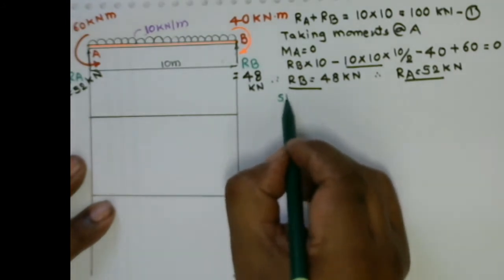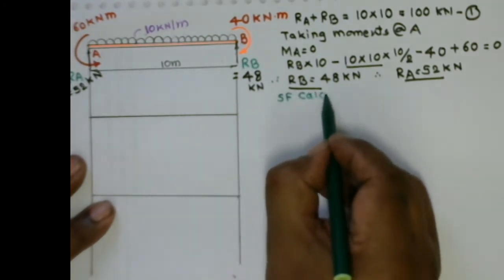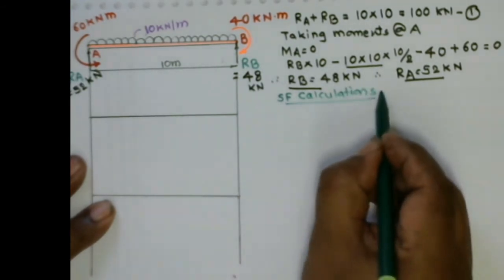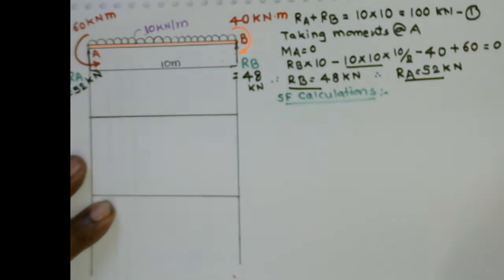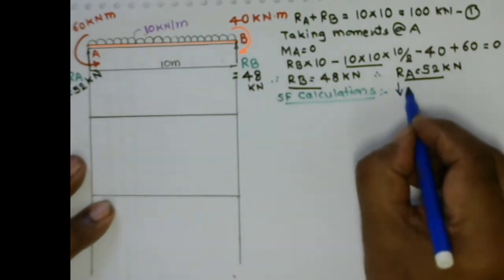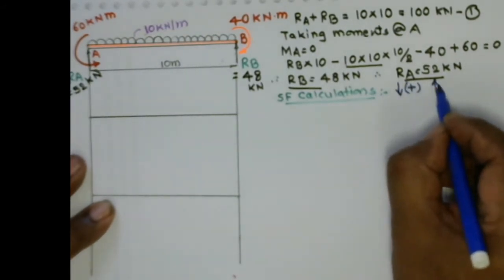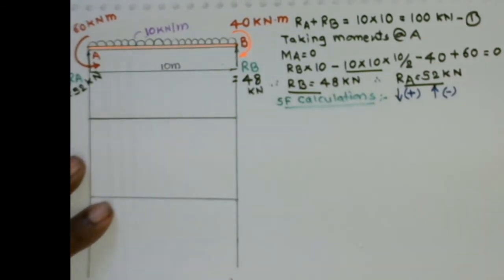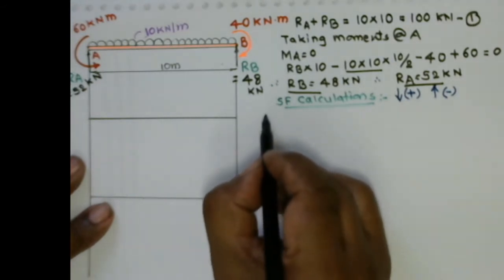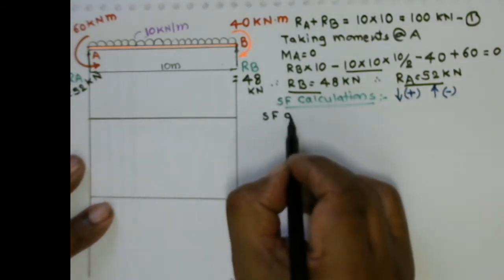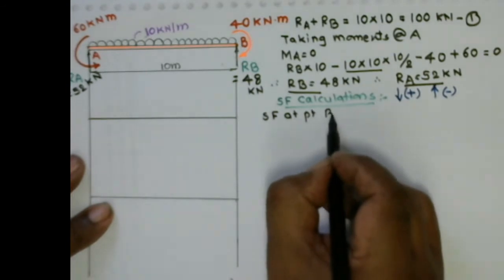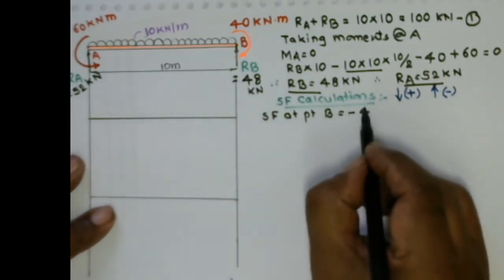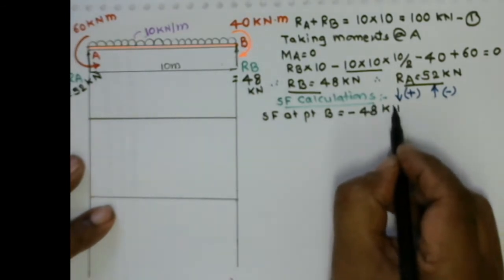Now our next step is shear force calculations. For shear force calculations, we have to decide the sign conventions: downward positive, upward negative. So shear force at point B is equal to, RB is going in the upward side, so we put minus 48 kilonewton.